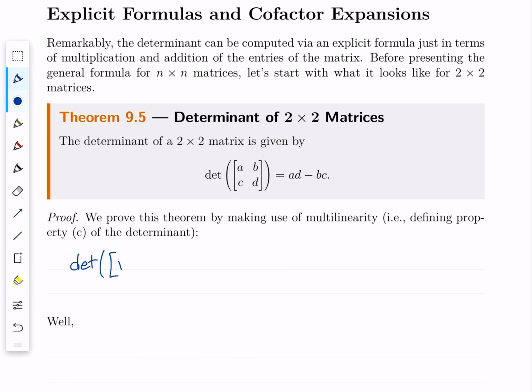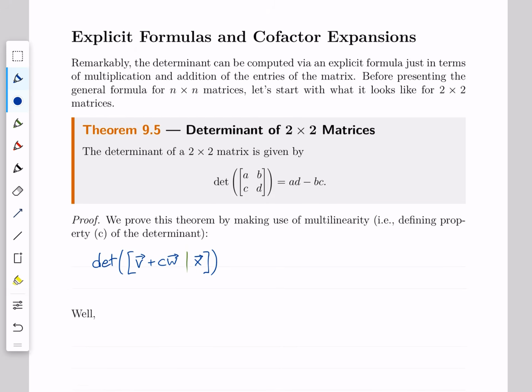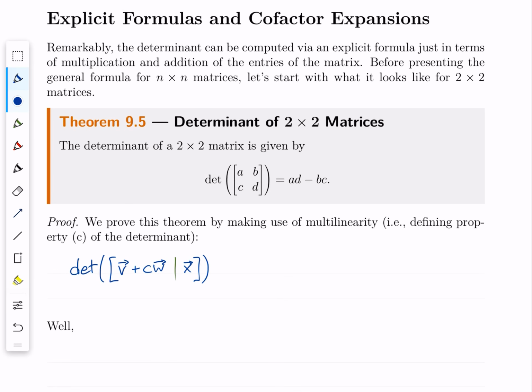So it said that if you have any matrix where you do some sort of linear combination in one of the columns only, something like this, so I have a linear combination just in the first column there. Remember, it's not a linear combination of the entire matrix. It's only one column at a time. Then you can split that up over that column, leaving every other column alone.